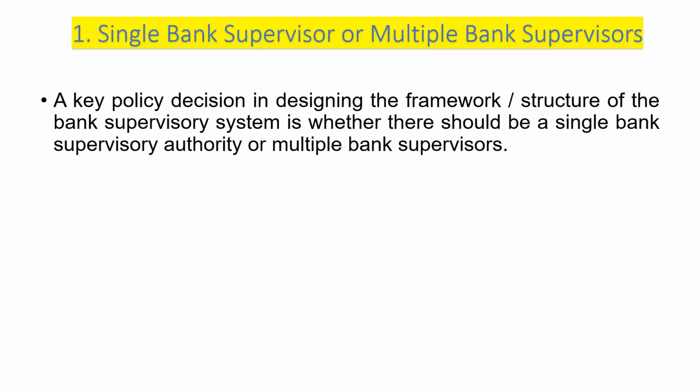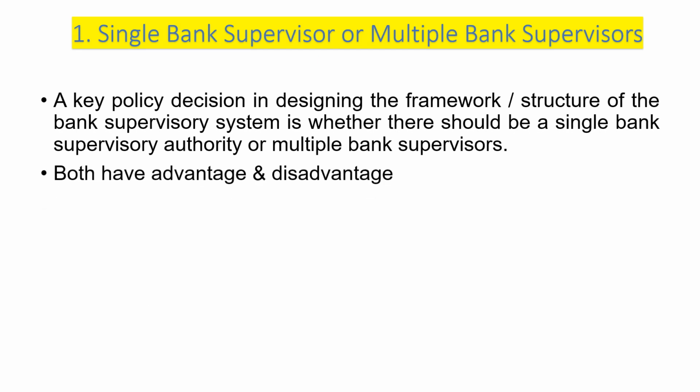Single bank supervisor or multiple bank supervisors. A key policy decision in designing the framework or structure of the bank supervisory system is whether there should be a single bank supervisory authority, or multiple bank supervisors.